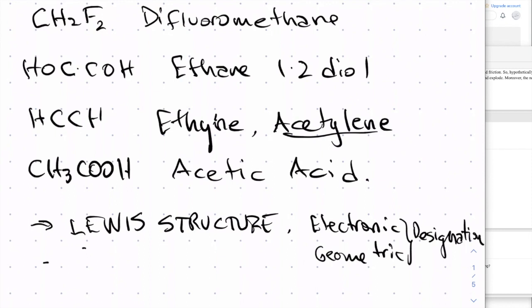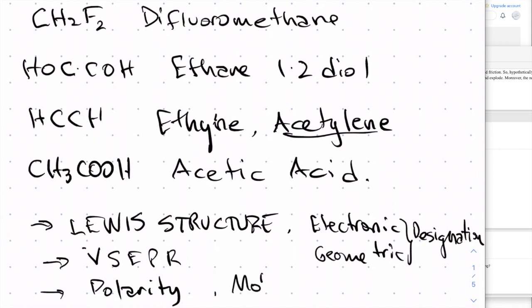And that is via the valence shell electron pair repulsion theory. And then from the geometric structure, we'll determine the polarity. Using this information, we're going to use MolView and ChemEd DL to look up some properties on the internet.